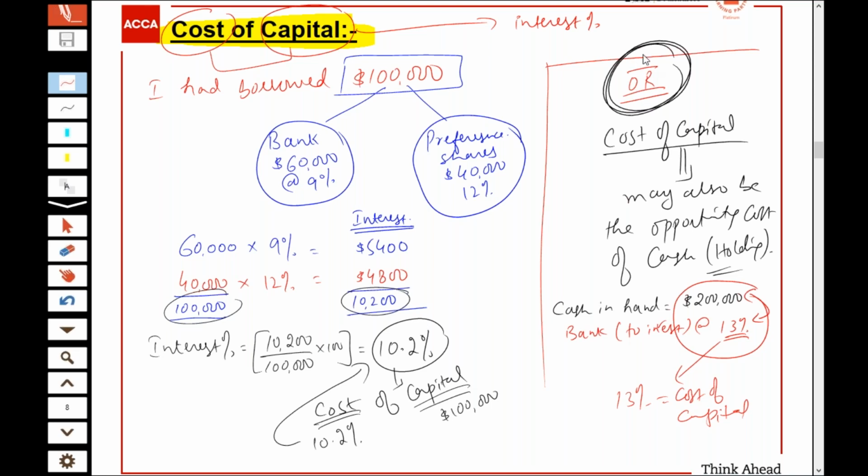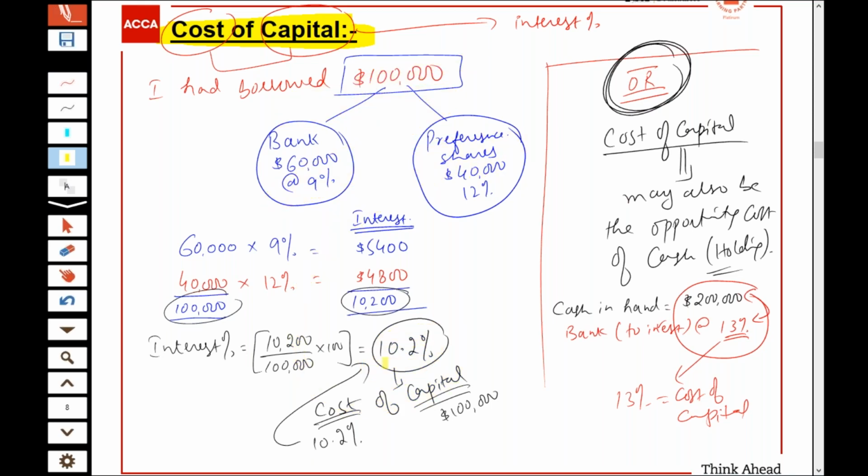Cost of capital means interest which you can earn in order to invest in the next project. Or if you do not have cash, for example, I have borrowed it from two different parties, then I have to pay them 10.2%.